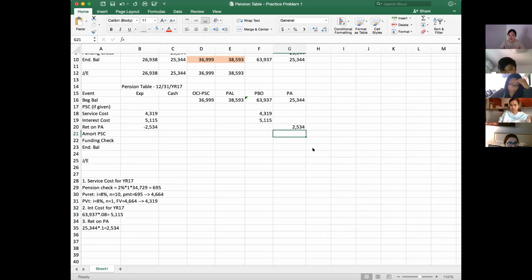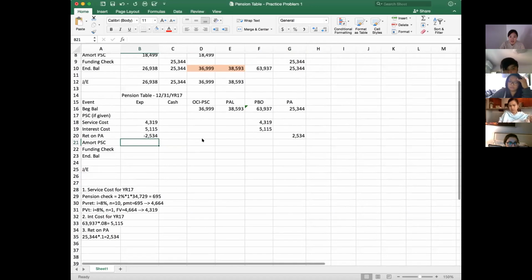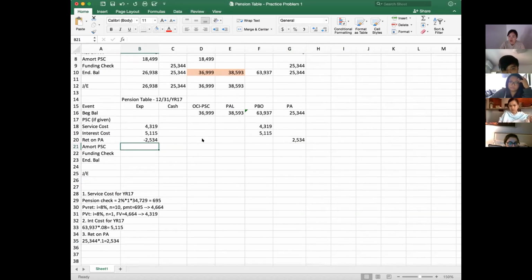All right. Now then, amortized prior service cost is the same as the prior year because we use straight line amortization. Therefore, 18,499. That increases the pension expense, which comes out of the OCI balance.